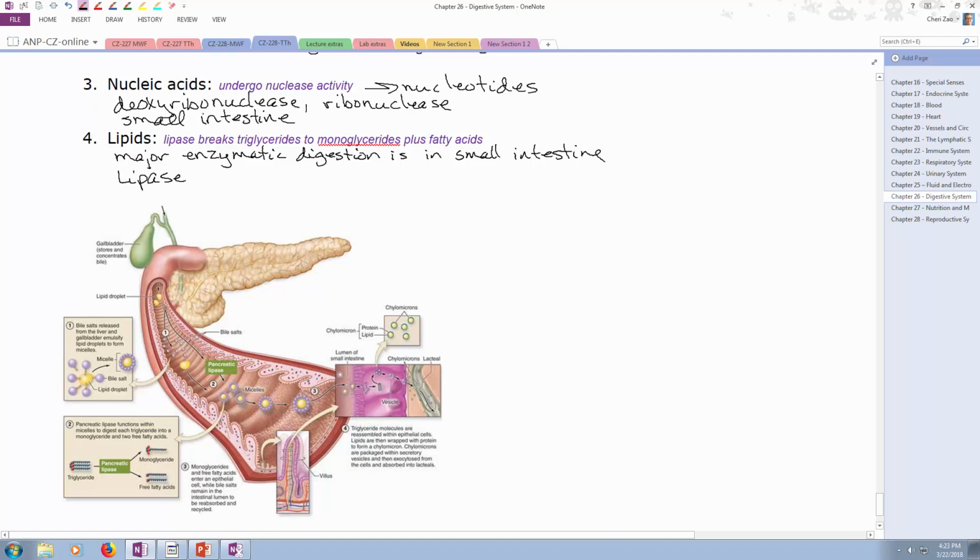So lipase is going to help us break down our lipids into the various monomers that we have to make them into in order to actually absorb them. And what's really strange is that lipase is going to break our triglycerides, which we typically abbreviate TG, into monoglycerides plus fatty acids. And remember, triglycerides are a glycerol backbone. It's a 3-carbon thing, the glycerol backbone is, and we have 3 fatty acids added on.